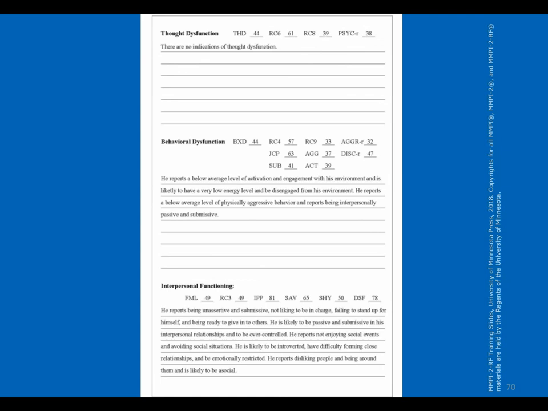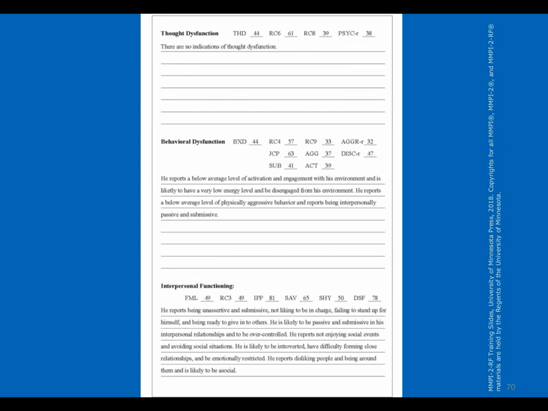So we would next move into interpretation of psychoticism, the PSY-5 scale. This is a low score interpretation for psychoticism. And the interpretive statement for this score of 38 in psychoticism is that there are no indications of thought dysfunction, which is in this case a relevant finding as this individual is presenting for treatment at a psychiatric inpatient hospital.